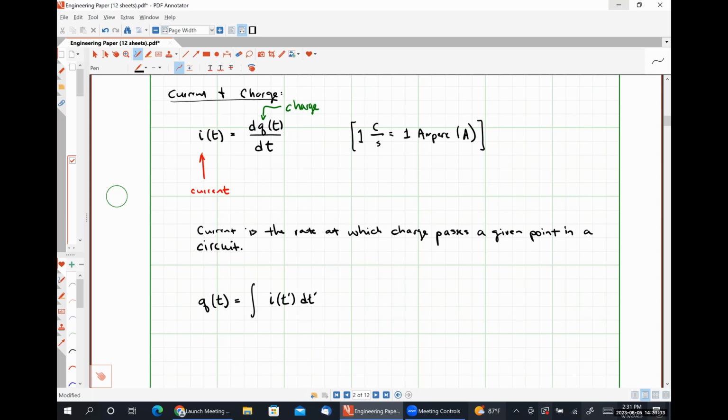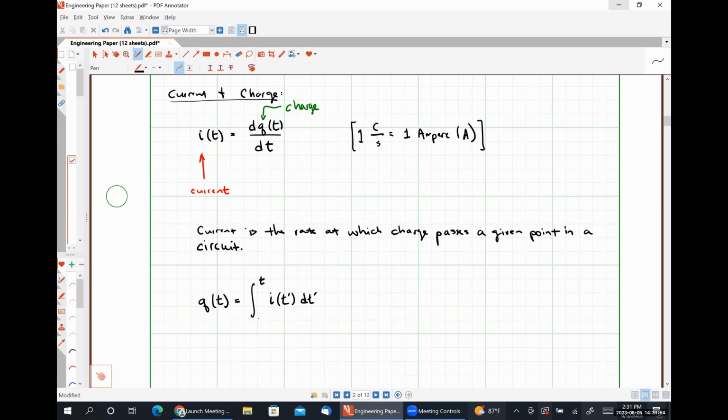So I'm using T prime as a dummy variable to represent time because I'm about to put T, the instant in time we're trying to figure out what the charge is, as a limit of my integration. And because that variable is showing up in the limits of my integral, it would be confusing to also have it be the variable that we're integrating with respect to. Okay, so this is purely from a mathematical standpoint, me just using a different symbol to represent time so that it's clear what we're doing in our integration.